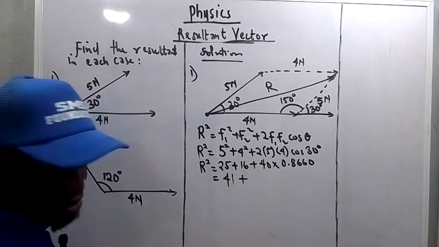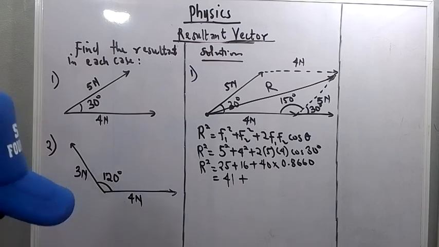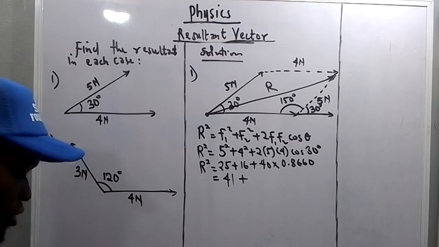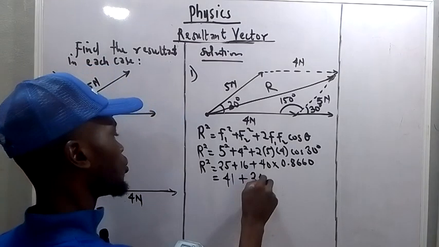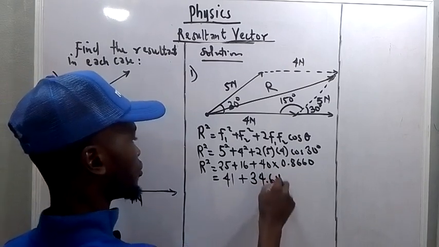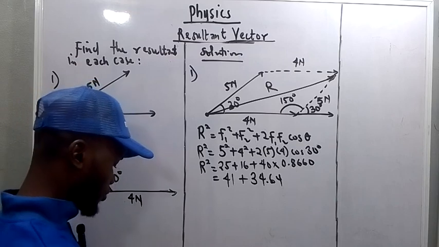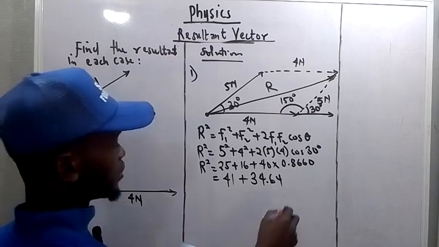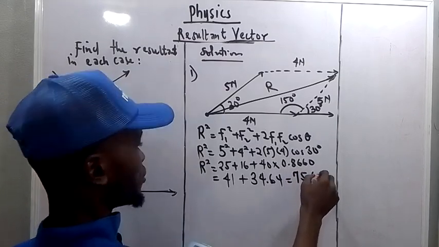Plus 40 times 0.8660. Let's press our calculator for that. 40 times 0.8660 gives me 34.64. So let's put the two together. Plus 41, that will give me 75.64.